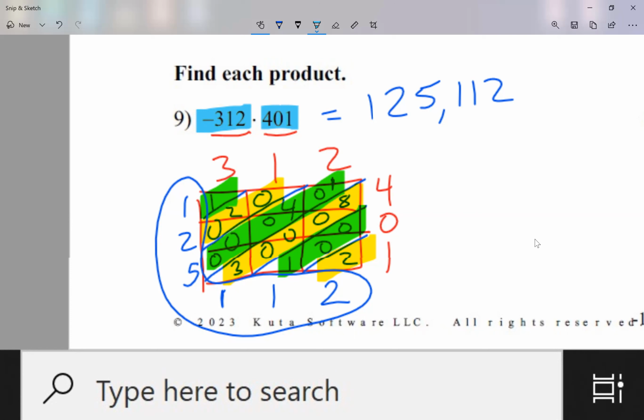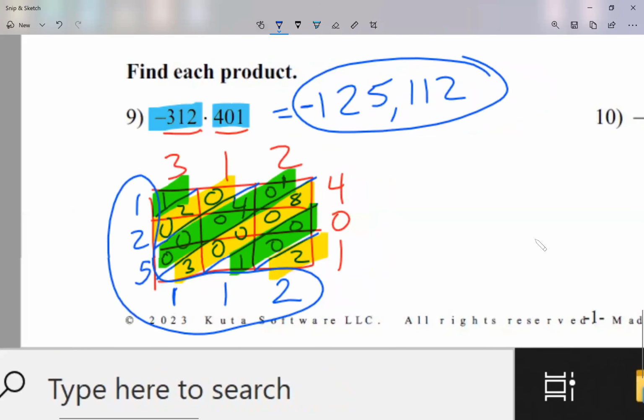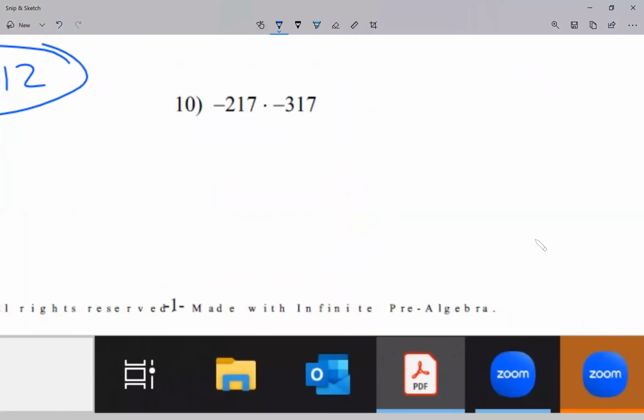When the signs are different, my answer will be negative. So my answer in this case will be negative 125,112. Again, if the signs are different, my answer is negative. If the signs are the same, my answer is positive. Cool.